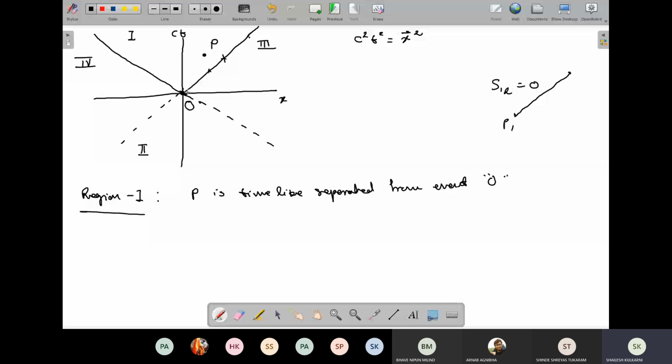Any event inside this region 1 is time like separated, because c square t square is greater than x square. What are the coordinates of the origin? It is t equal to 0, x equal to 0. So c square t square minus x square is greater than 0. That means this p is time like separated from o.